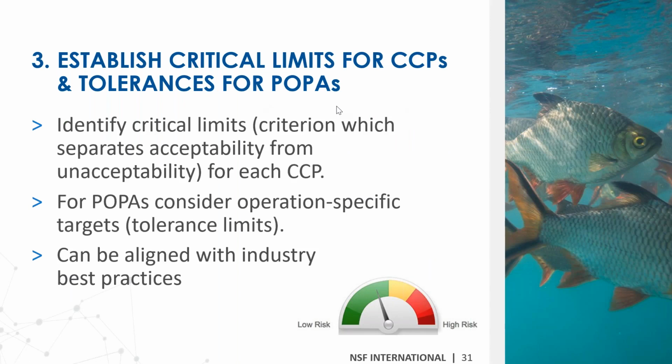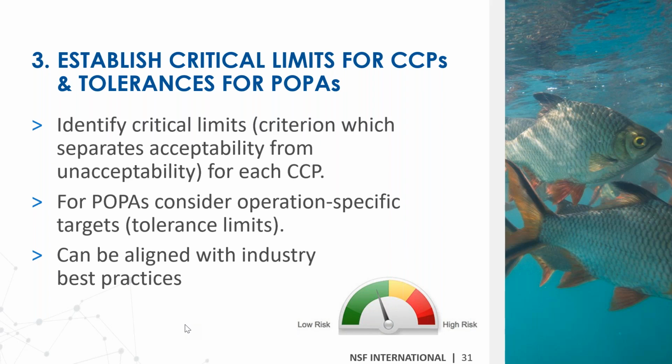Okay. Once you've identified your critical control points and, if it's appropriate, points of particular attention, for the CCP, you identify your critical limits. This is a criterion that separates acceptability from unacceptability. In points of particular attention, we identify those limits as a tolerance limit. It means you can work within those tolerances, but going outside of them doesn't necessarily mean you're going to have a complete failure of anything, but it's not where the facility wants to be.